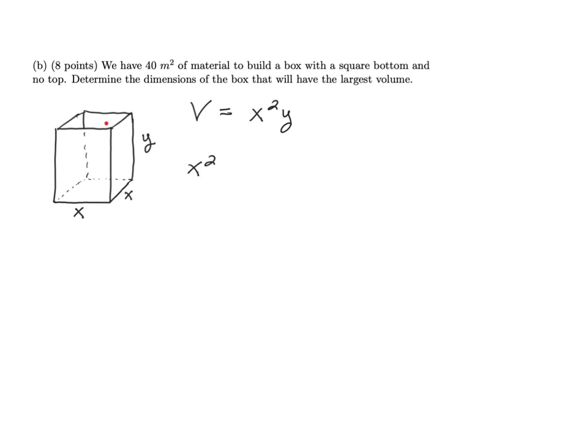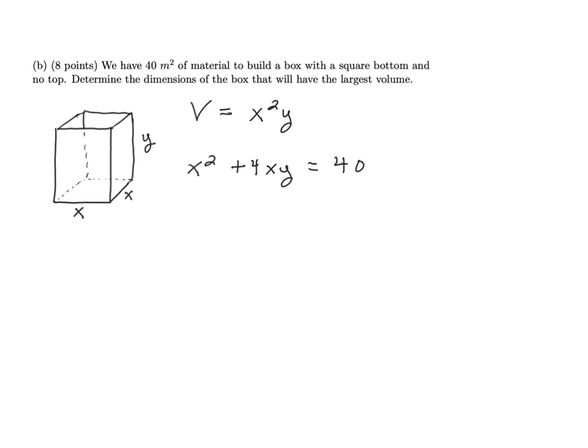And there's no top, so I'm not going to include this top part here. But there's a total of 4 sides. 1, 2, 3, and then this front, which is 4. There are 4 sides that have an area of x times y, so I'll put 4 times xy. This is the total surface area of this object, and that's equal to 40.